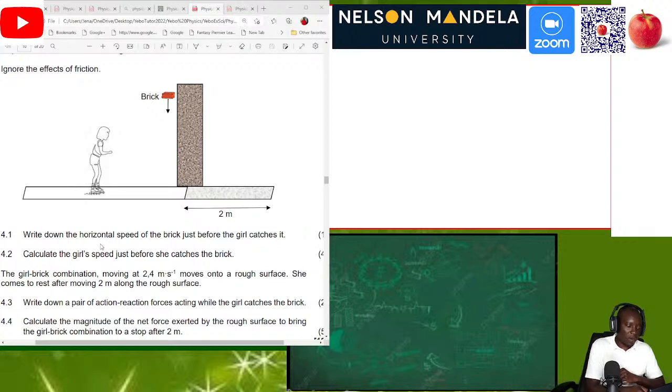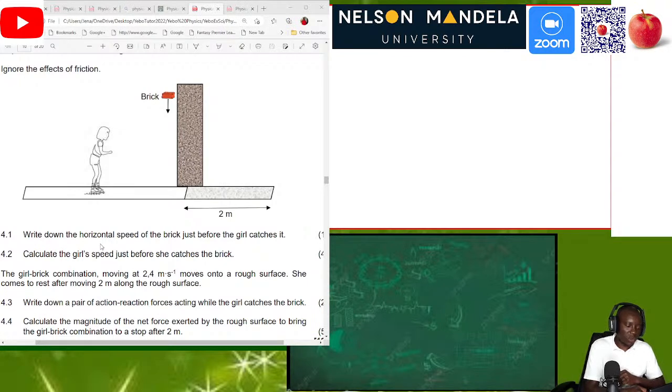And now we're told that after she catches the brick, V2 is the combined velocity. So she catches the brick and the two are combined. The mass of the girl, the skates, and the brick is a total of 52 plus 5. And the combined velocity is 2.4 meters per second.